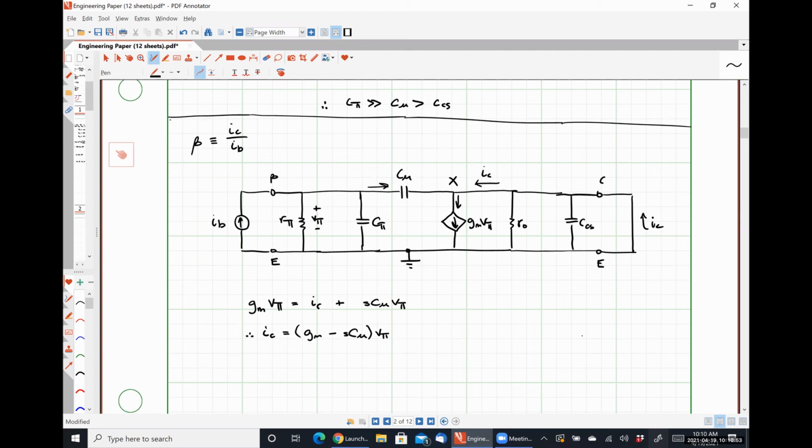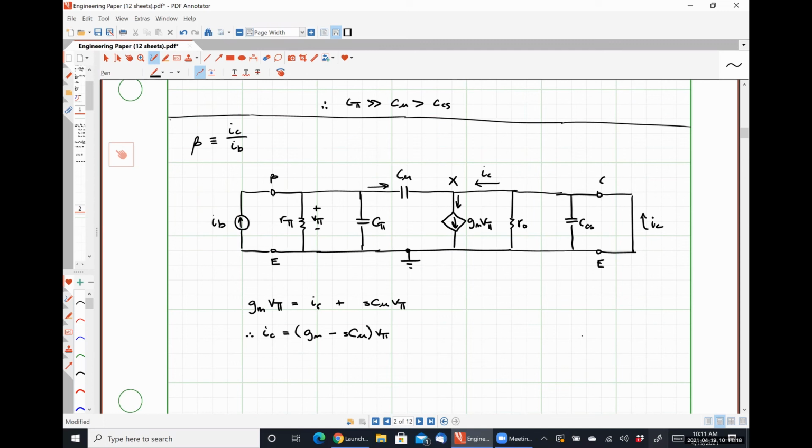Well, IB, what resistance or what impedance does IB see? So it sees R pi. If it sees R pi, I would argue it sees C pi as well, since they're in parallel.